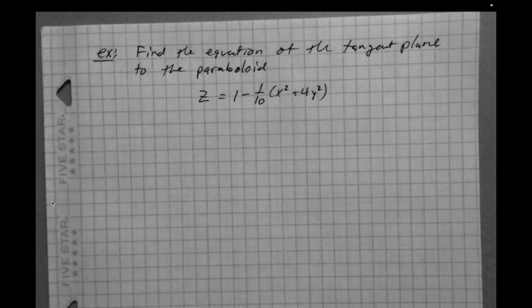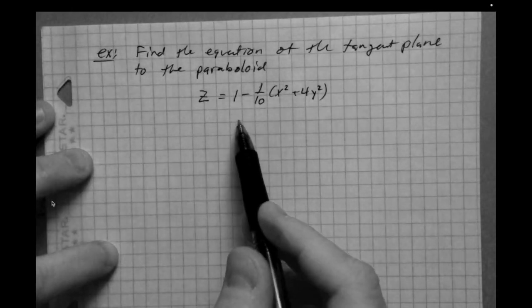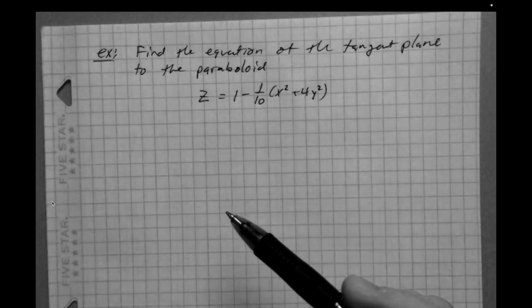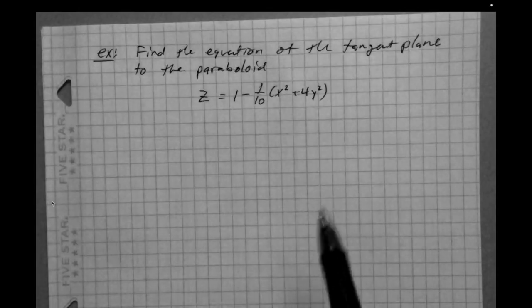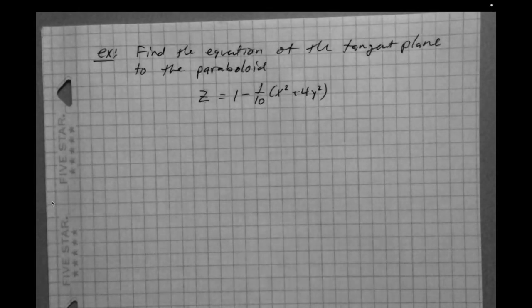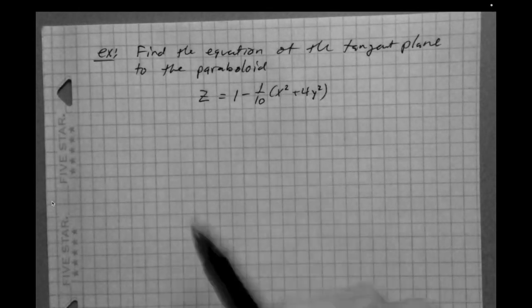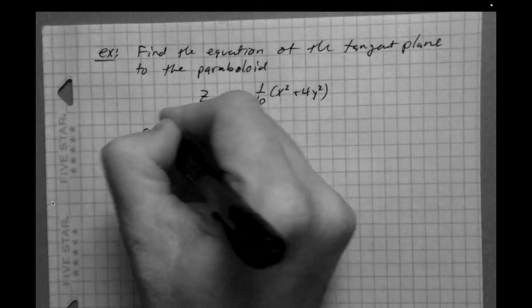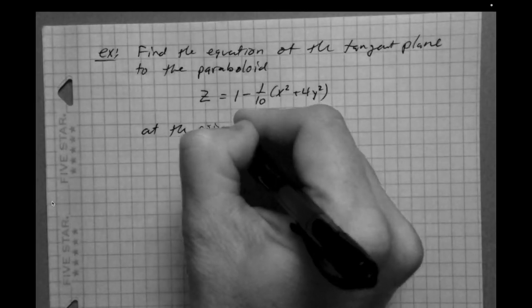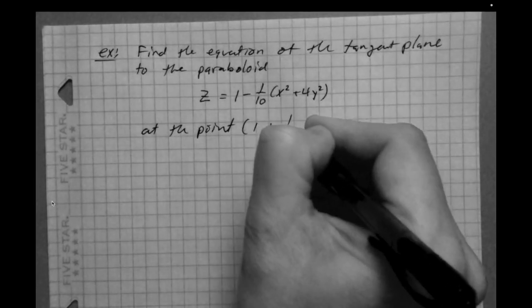So this is one way to write the equation of the paraboloid. This is not in the f of x, y, z format. This is the z equals f of x, y format, but we can get to the same equation using this. And specifically, we're interested in this at the point 1, 1, 1/2.